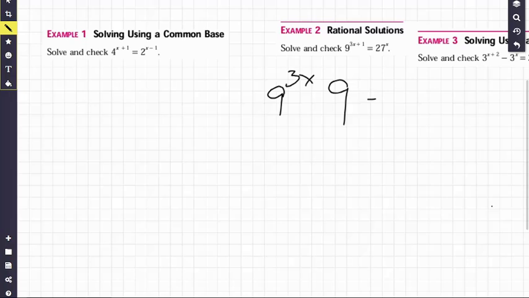And then on the other side, we have 27 to the power of x. Let me just check. We'll still have to break this down to a common base.